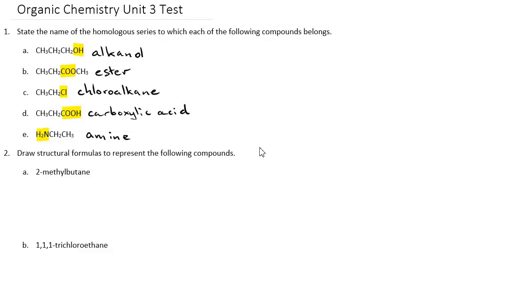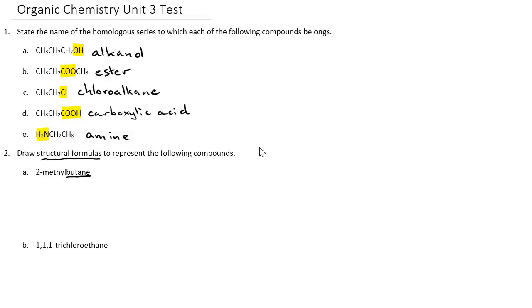Question 2 says draw structural formulas to represent the following compounds. So with structural formulas, you have to draw out the whole molecule, showing each and every single bond in it. Okay, so to start with the drawing, you begin from the back. So I would get the longest chain first.